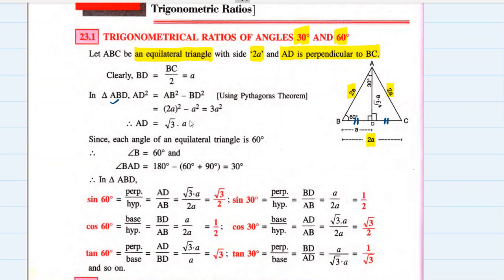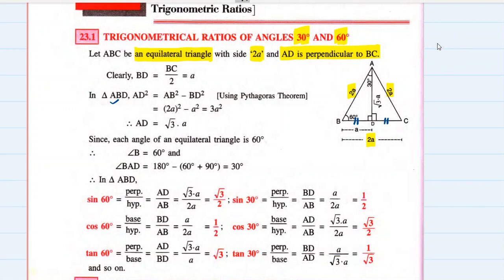AB square is 2a the whole square, and BD square is a the whole square. So 2a the whole square minus a square is 3a square. So AD, which is the length of the perpendicular, is root 3 times a.